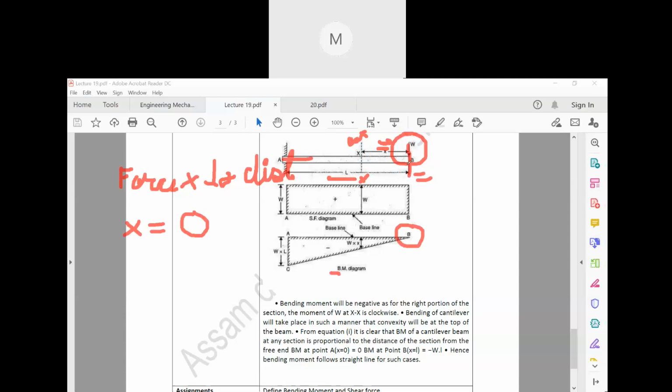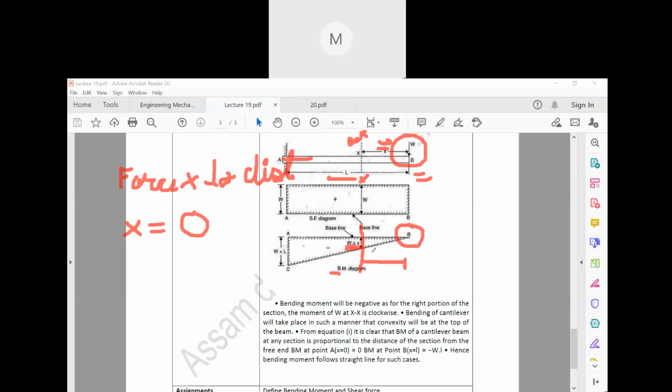Now you take this section to here, in this manner. Then it will be at a distance of X. That is why we got W into X here.